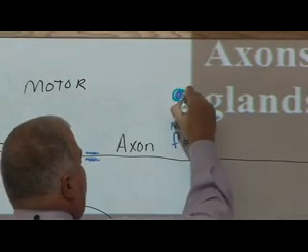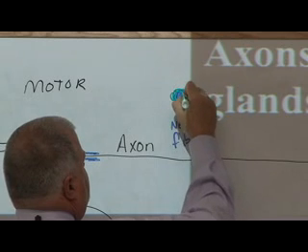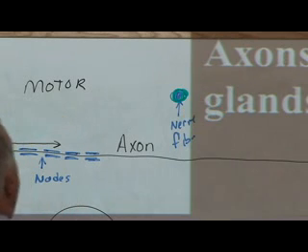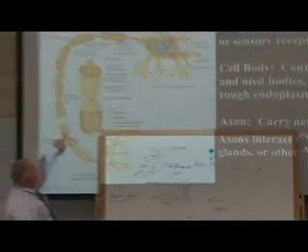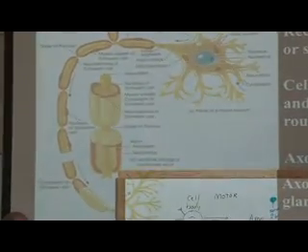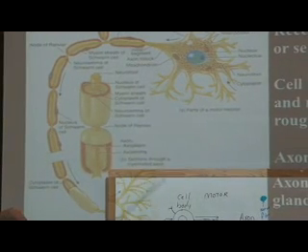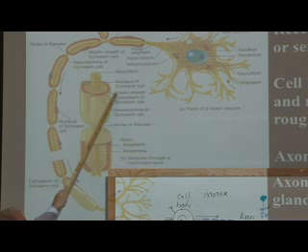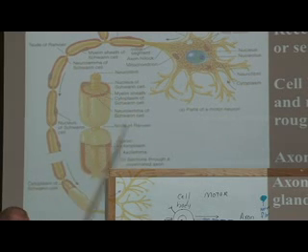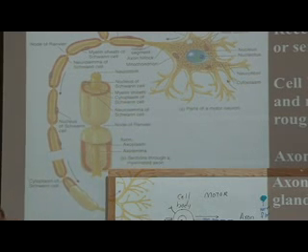So the green is the fat. We call this layer of fat the myelin sheath. See, the myelin sheath is this layering of fat, and it's an insulator.